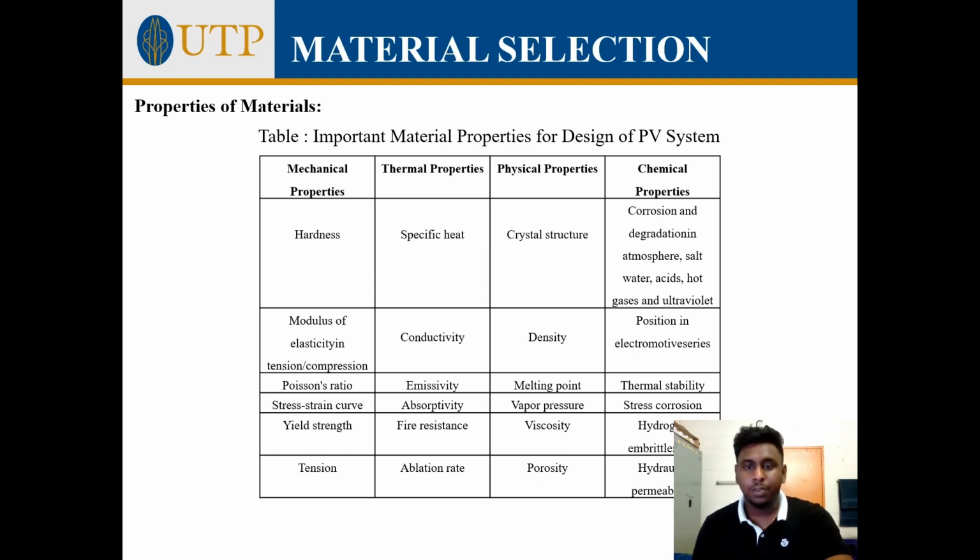And finally, the chemical properties, which consist of corrosion and degradation, atmosphere, salt water, acids, hot gases, and ultraviolet, position in electromotive series, thermal stability, stress corrosion, hydrogen embrittlement, and finally hydraulic permeability.